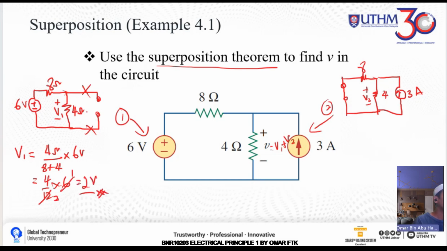So you get V1 is 2 volt. That's one method. Another method, you can also use Kirchhoff voltage law to determine V1, but I will not discuss it here. We try to save time, but you can try this method as well.